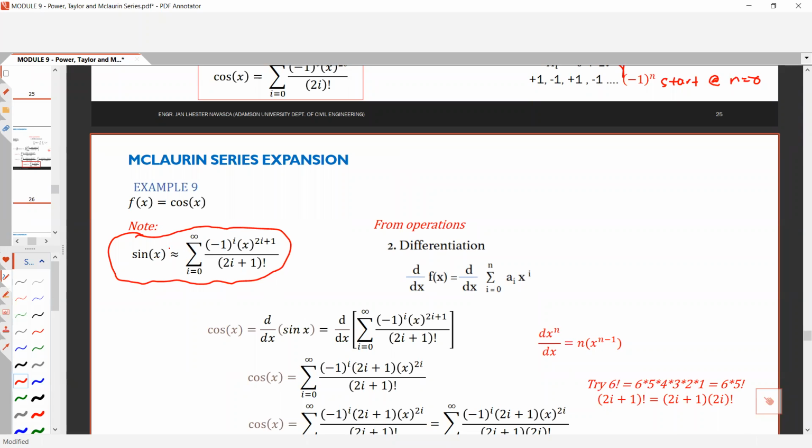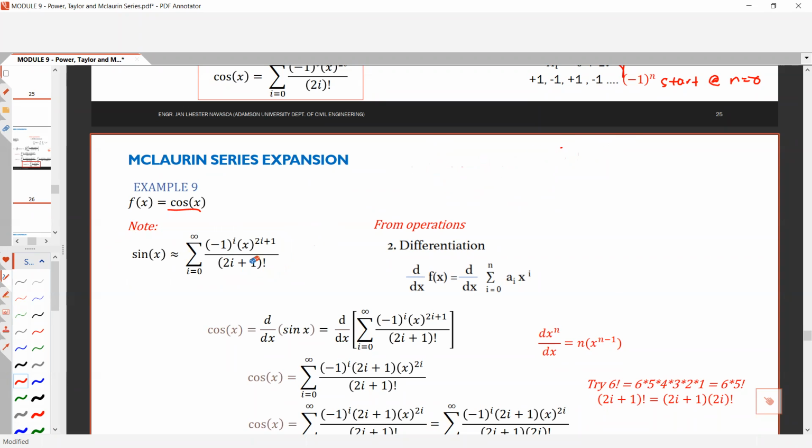So sin x lang yung meron ka, cosine x yung binigay na problem sa'yo. So you can use differentiation. So you all know that the first derivative of cosine x is simply negative sin x. So pwede mo nang gamitin to. Kailangan mo lang i-take the first derivative ng Taylor series expansion niya. Okay?